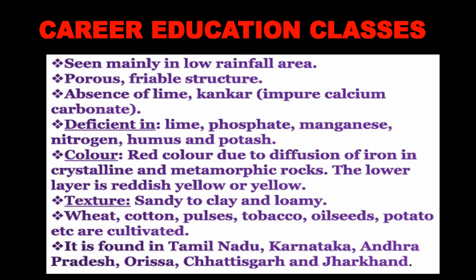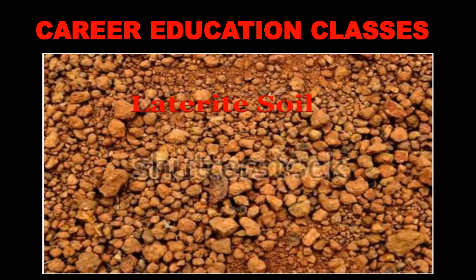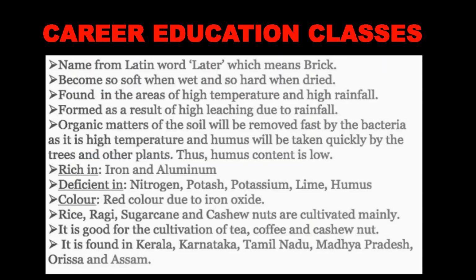Now we move to another soil, which is called laterite soil. Laterite soil is usually found in hard and dry areas with high temperature and high rainfall. It is a result of high leaching due to rainfall. Organic matter in this soil is removed fast by bacteria as it is high temperature, and humus is taken quickly by the trees and other plants.